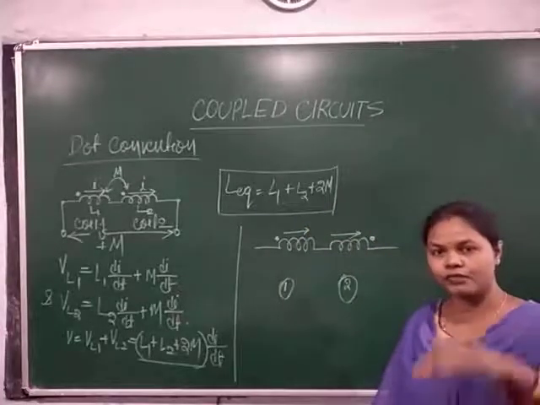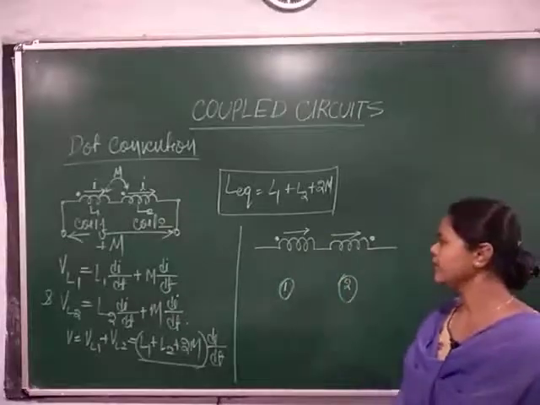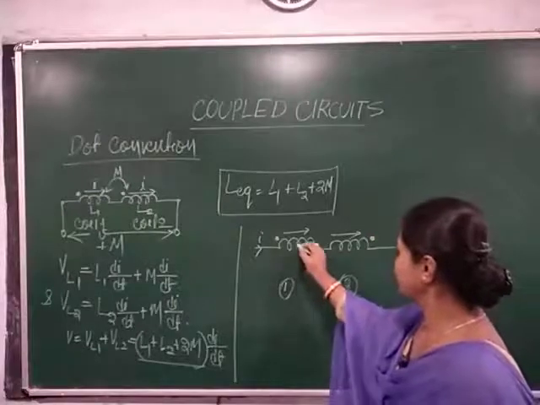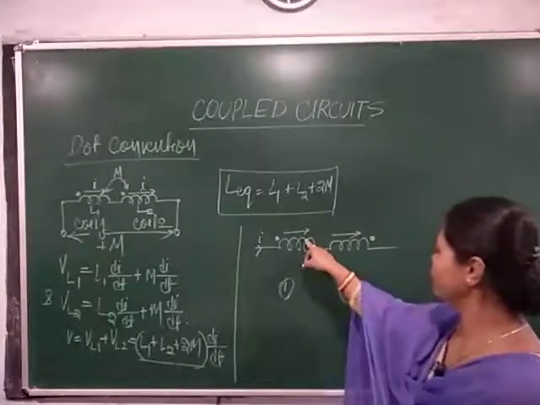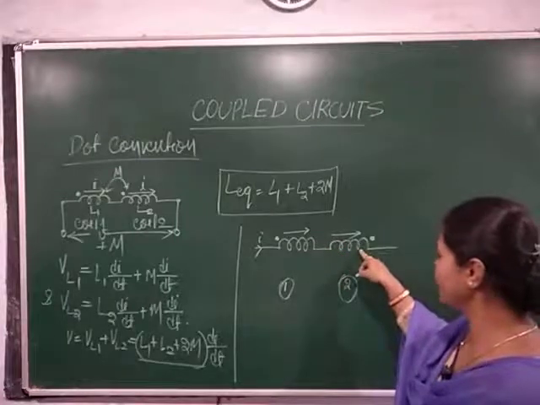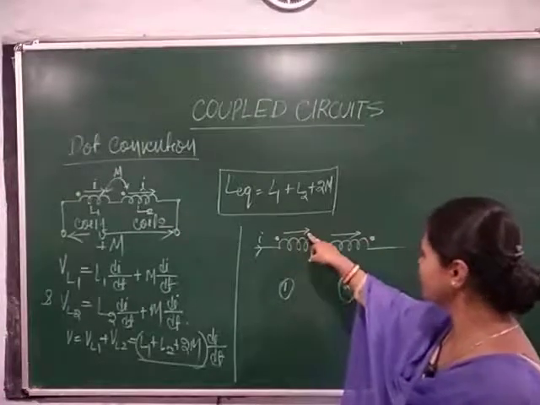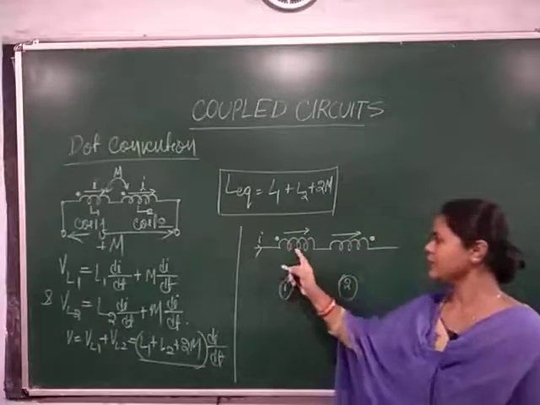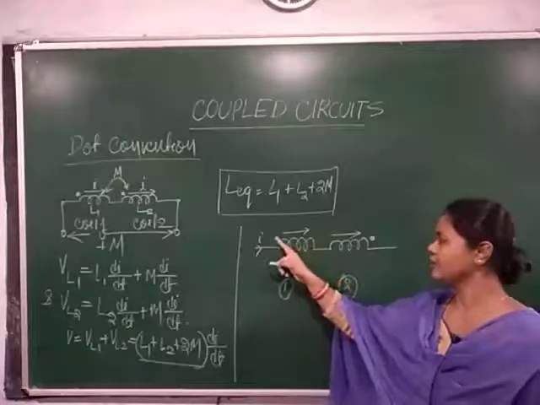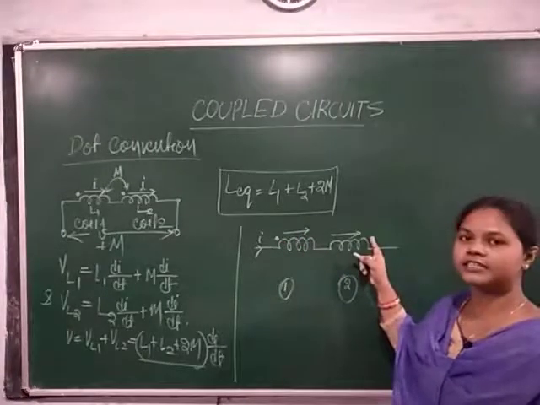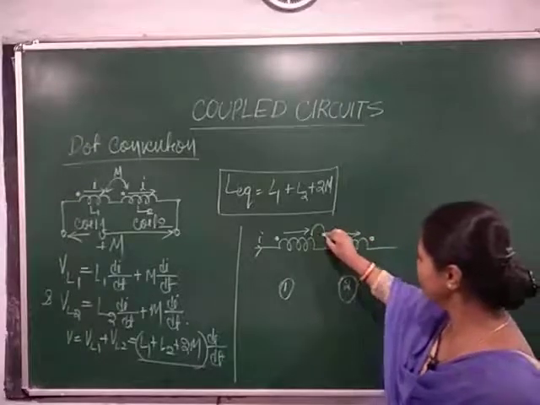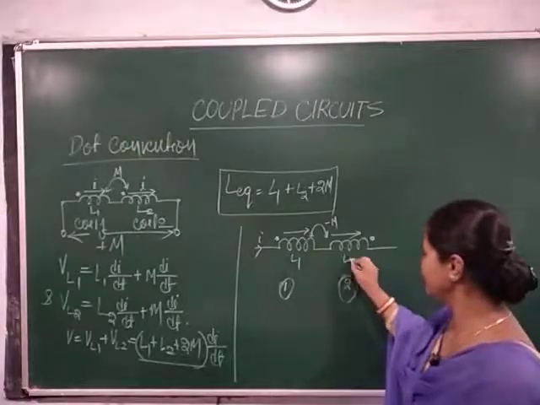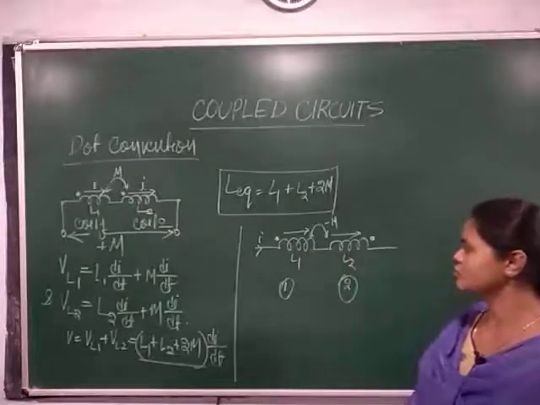Through current means the current flowing through the coil. Let this current be I. As for the through current through coils 1 and 2, one is leaving the dot and the other is entering. For the first coil, the current leaves the dot, but here it enters the dot. So the mutual inductance is minus M. Let L1 and L2 be the self inductances of these two coils.